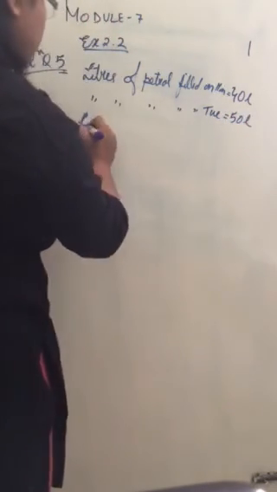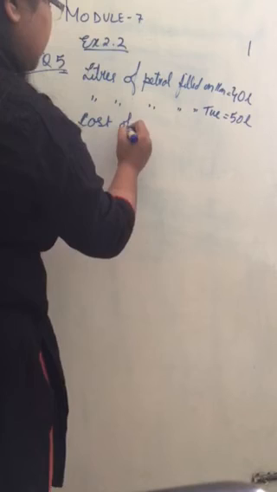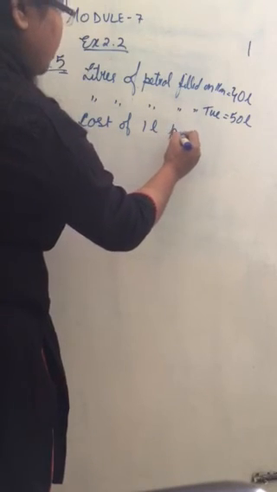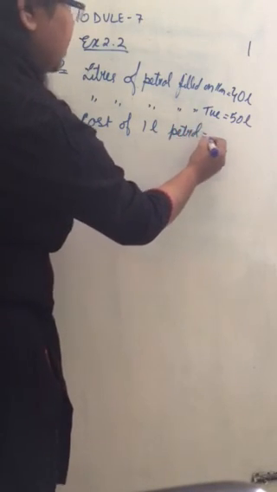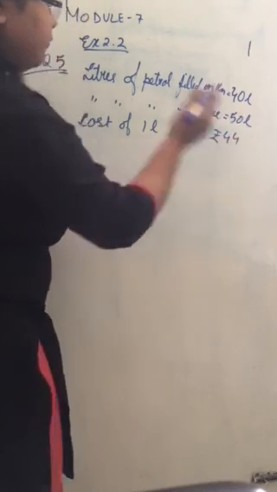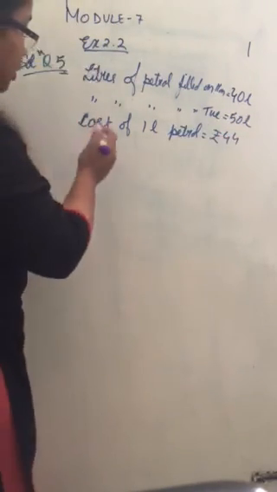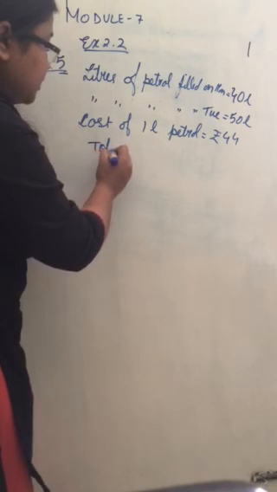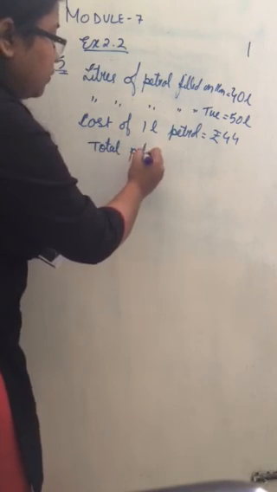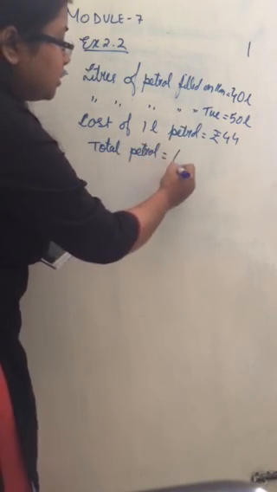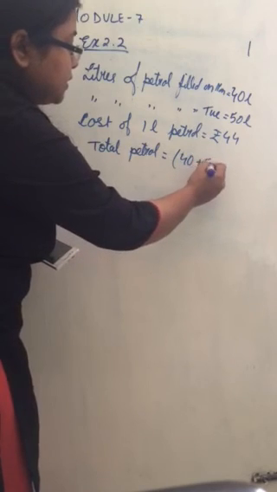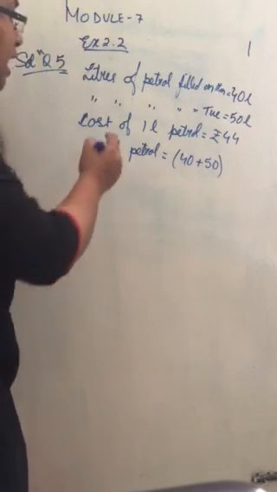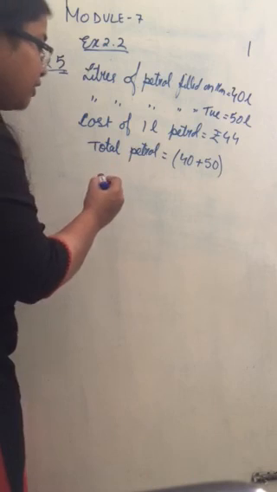Yes. Cost of 1 liter petrol is how much? Rupees 44. Yes. So total petrol is how much? Total petrol purchased is how much? 40 plus 50. Yes. And the cost of 1 liter is 44.